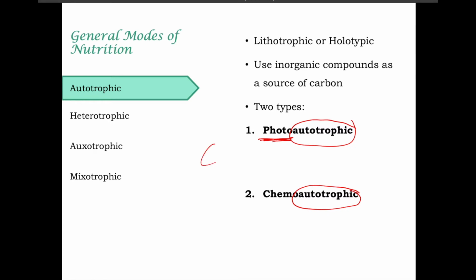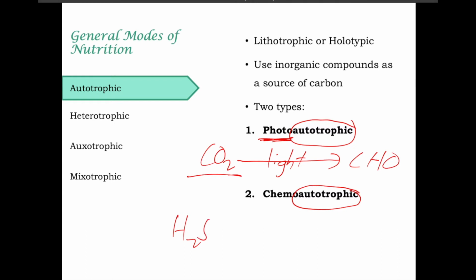The difference is the first one uses light to fix carbon. Of course they have an inorganic source of carbon. So the first one uses light to fix that carbon into sugar. The second one uses an inorganic energy source, like your hydrogen sulfide or your methane gas, for example.